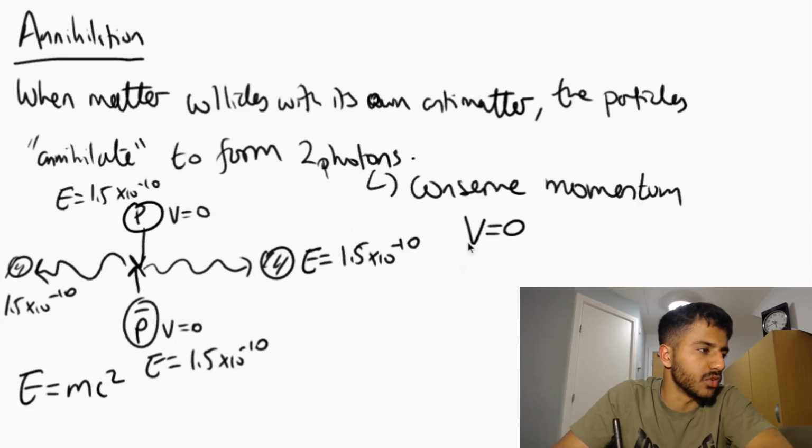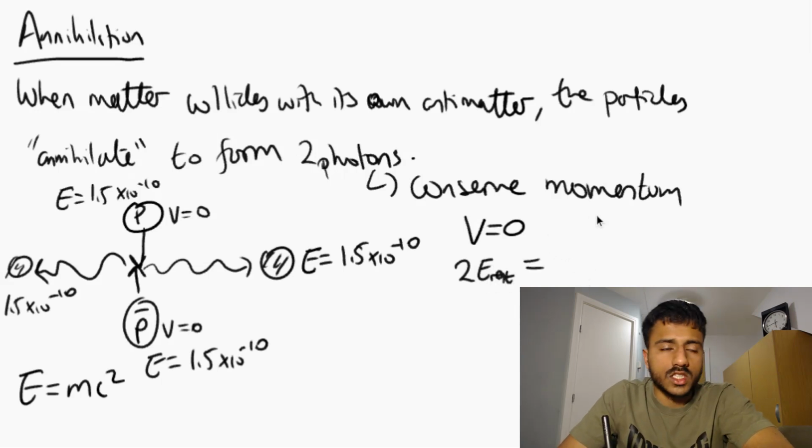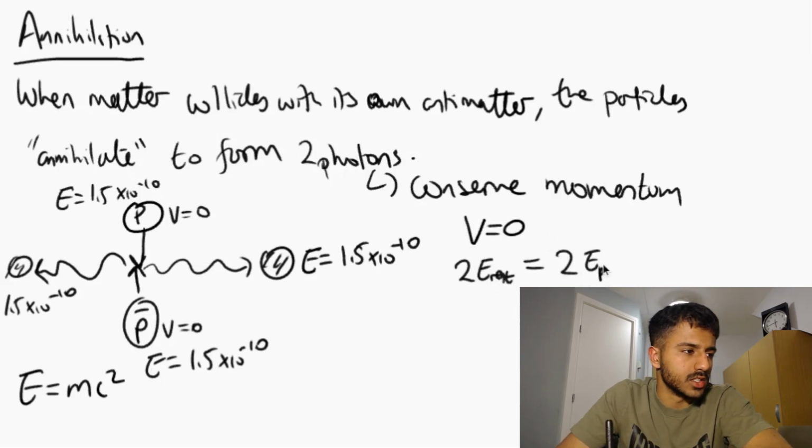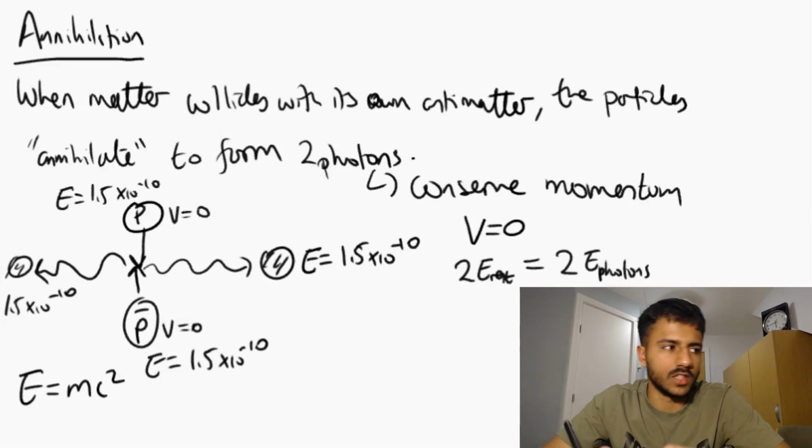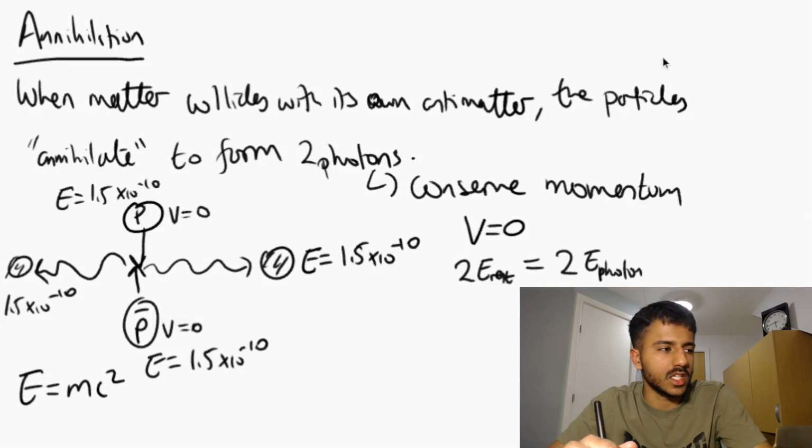And the total energy before the collision is simply equal to 2 times the rest energy of the proton, which is equal to the total energy after the collision, which is the sum of the energy of each individual photon. So you can work out the energy, E photon, for each photon, which will be half of the total initial energy, or simply in this case equal to the rest energy.